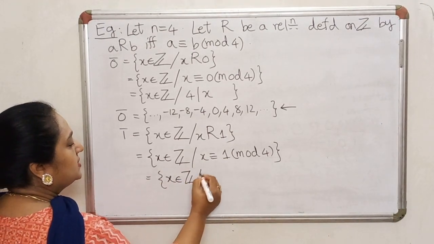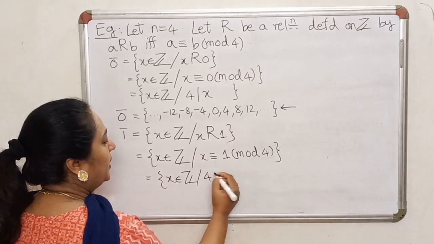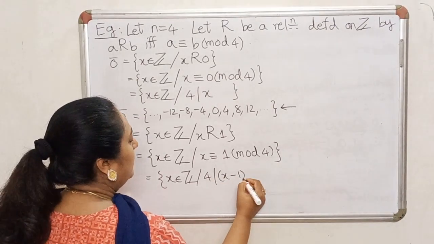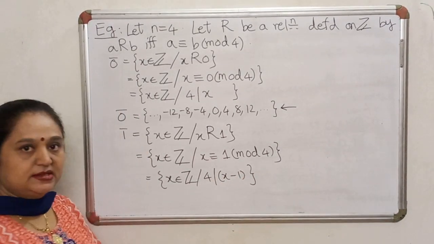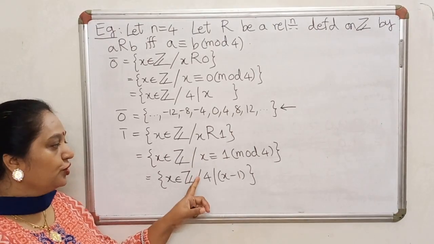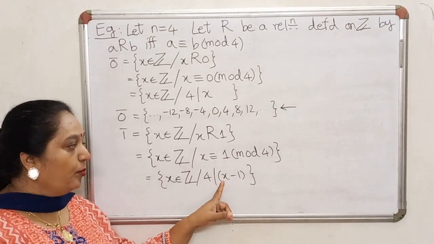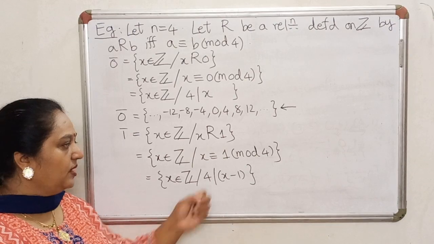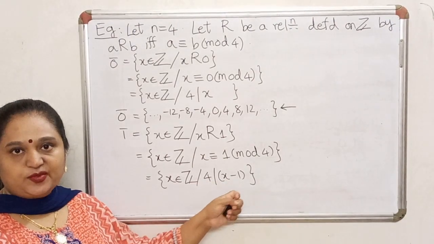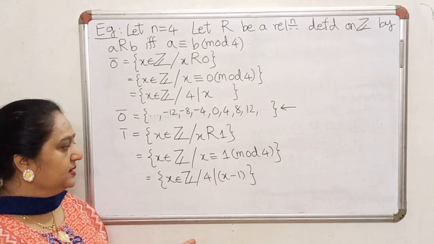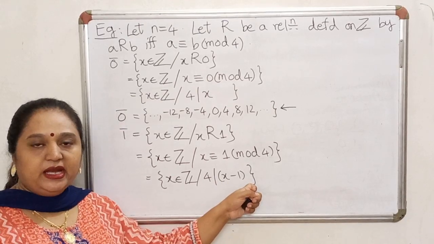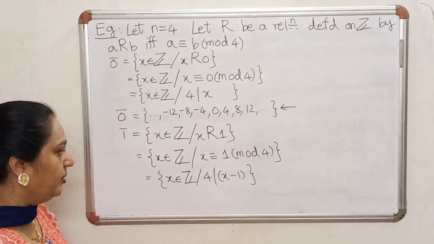Let me simplify this. The number inside the bracket should divide the left hand side minus the right hand side. So now 4 should divide that number minus 1. One such number is 5. 5 minus 1 is divisible by 4. Another such number is 9. 9 minus 1 is 8, which is divisible by 4.